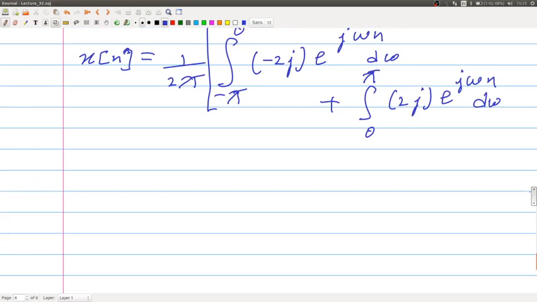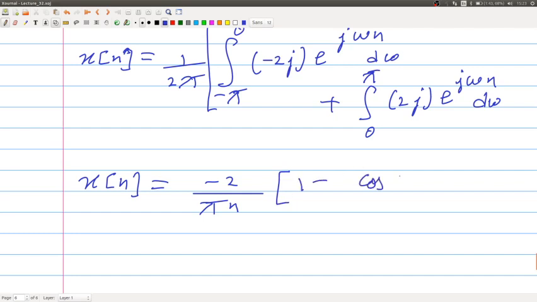So you solve this integral, and finally you would get the solution: minus 2 upon pi by n into 1 minus cos n pi, right? So n is an integer.